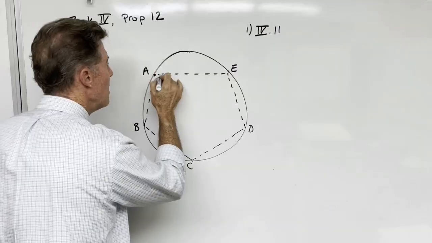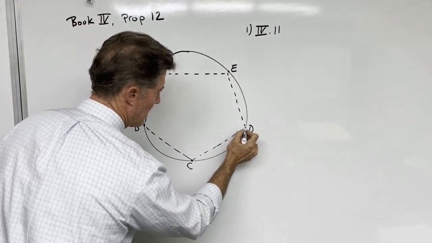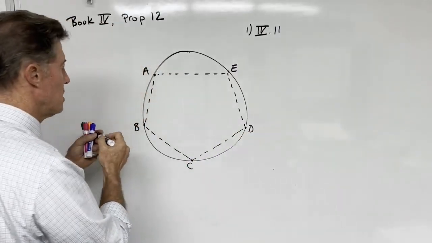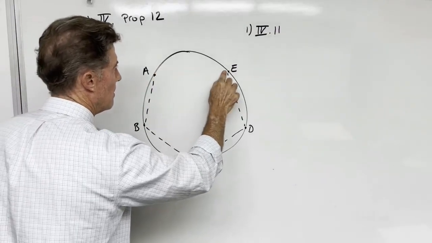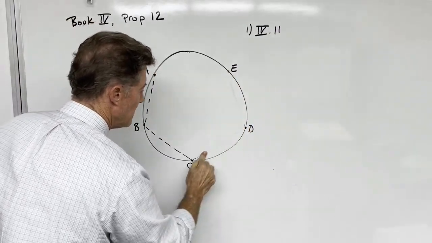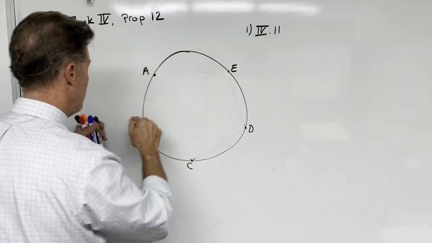we're going to take those points where that pentagon touched the circle. And at this point, we don't need our inscribed pentagon anymore.